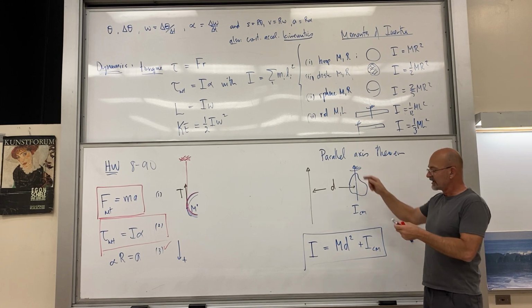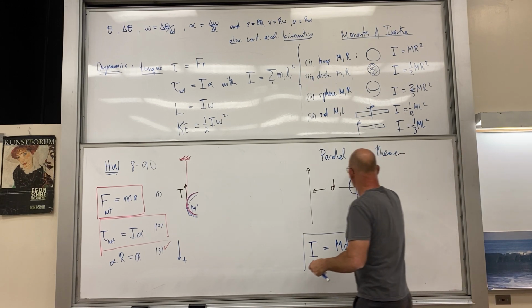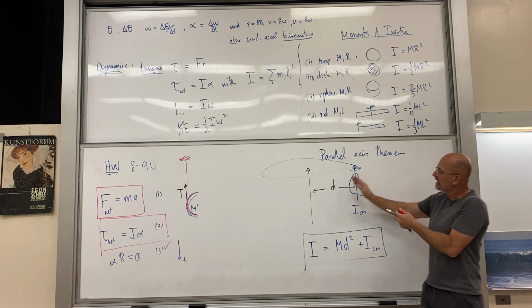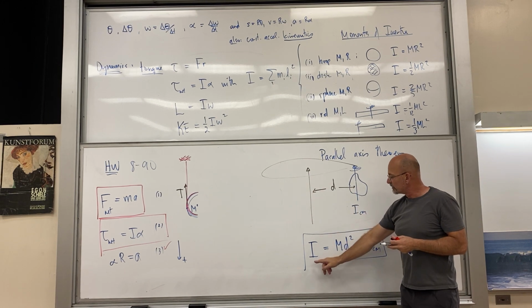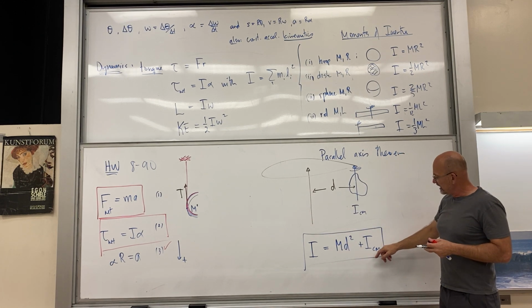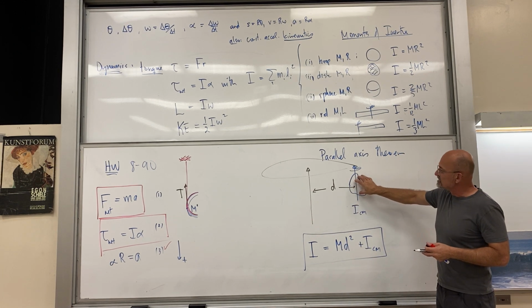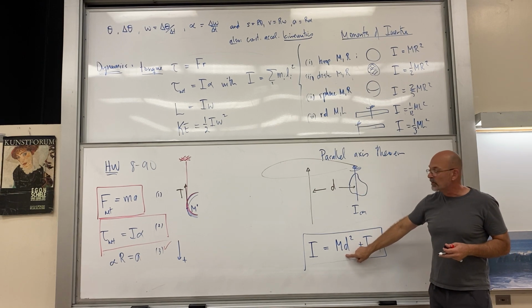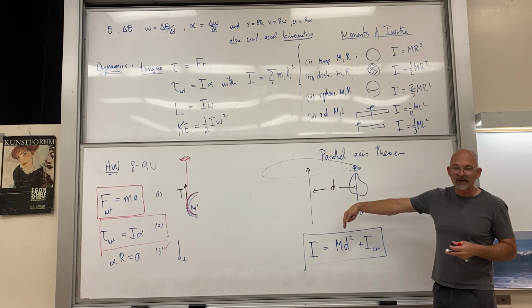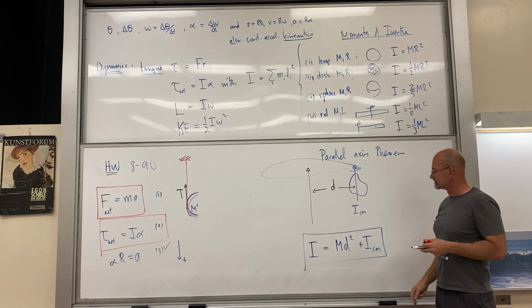But if I swing this entire thing around here, okay, I'm talking about rotating this whole thing around this axis, then the moment of inertia with respect to this axis here is the total mass times d squared, which is what it would be if it were a point mass, plus the moment of inertia of it rotating about its own axis here.